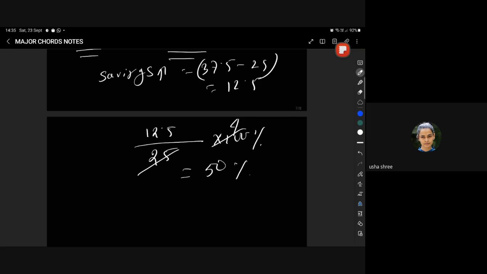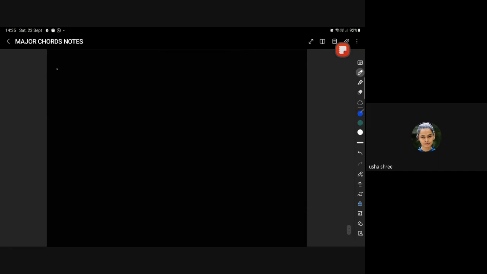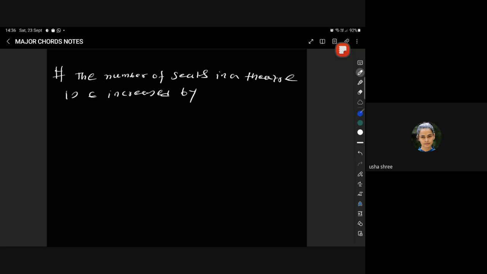Okay, another problem you can solve. Suppose the number of seats in a theater is increased by 25%.